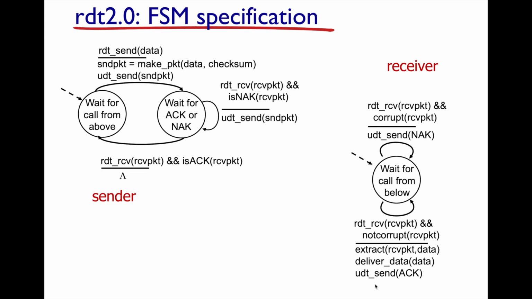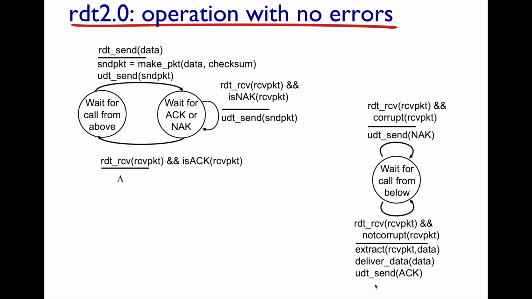But in this wait for call from below, you'll notice the event also adds a check for whether or not the segment that was received is corrupt. Of course, it would do that by calculating the checksum and comparing the calculated checksum against the checksum stored in the segment it just got from the network layer below. Does that make sense?